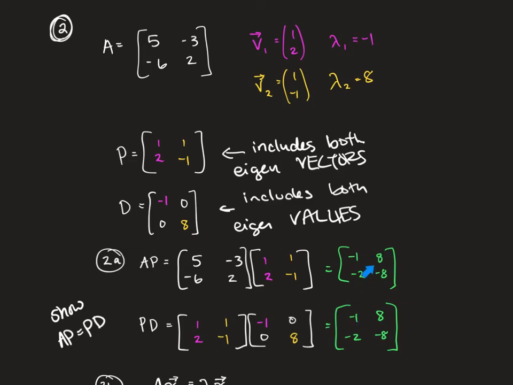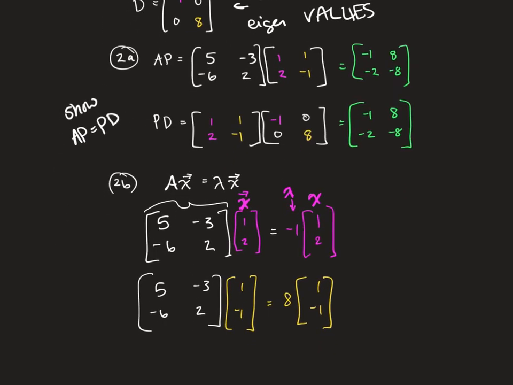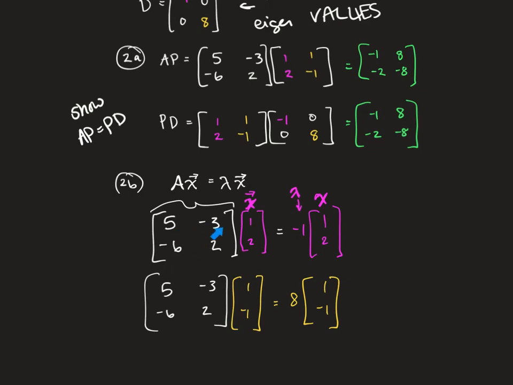Look at this, they ended up being the exact same thing. And this was fun because it uses the equation where you multiply the matrix by a vector and get the eigenvalue times the vector. This is a fun aside that is actually super useful. But again, AP equals PD.